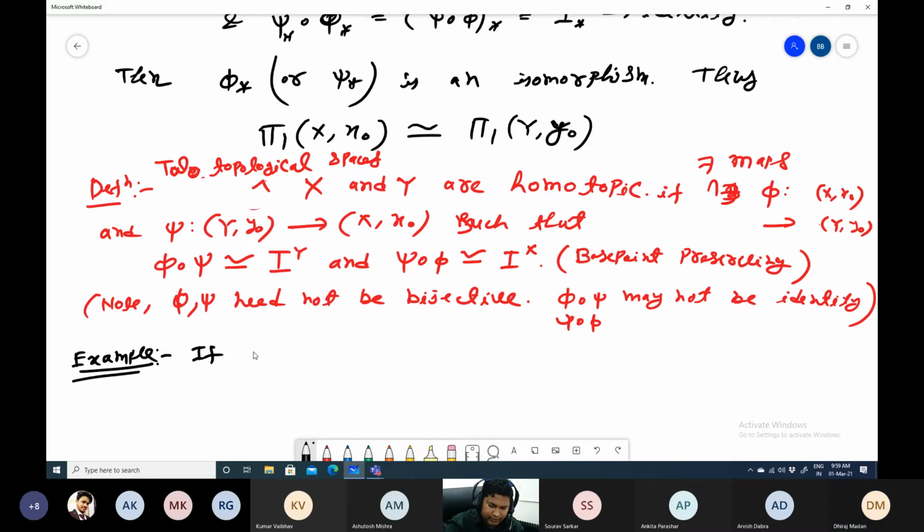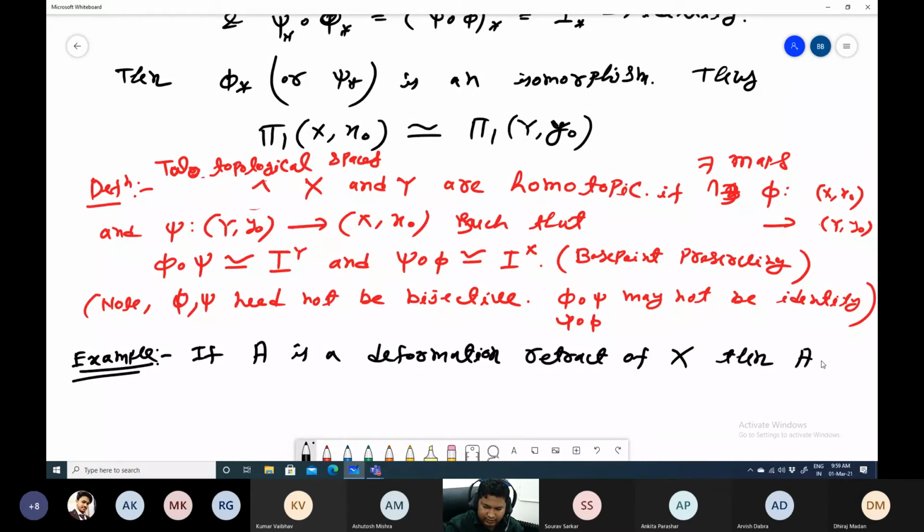Now, if A is a deformation retract of X, then A and X are homotopic.